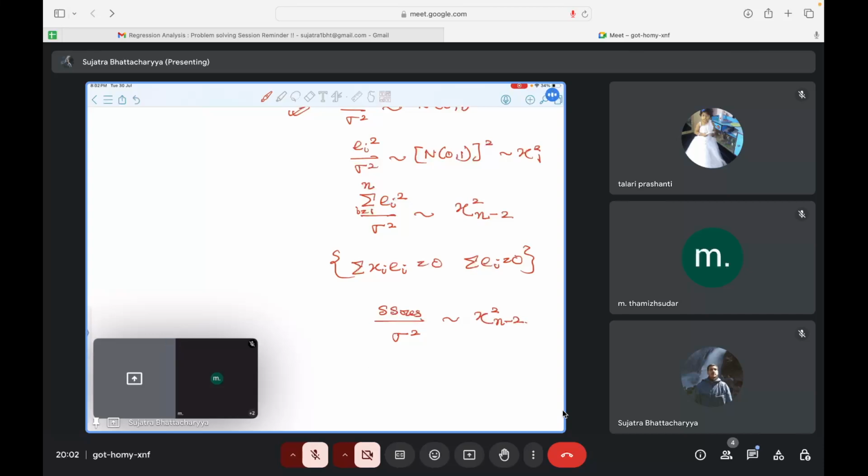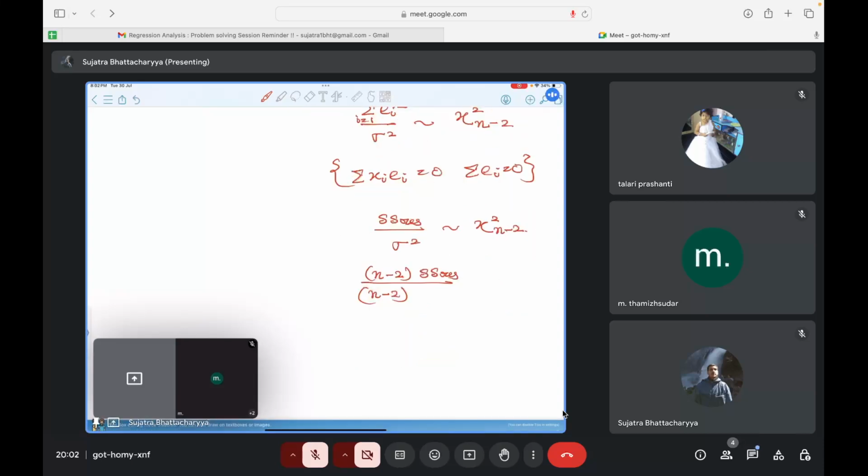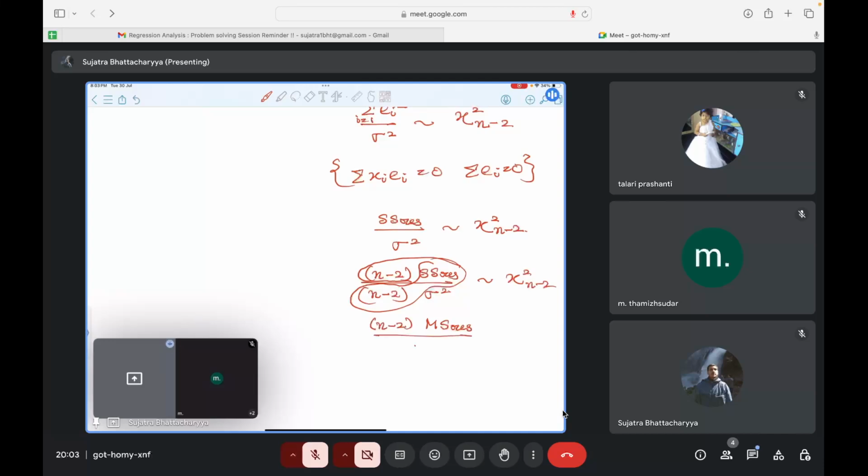Right. So what I do is that now, if I multiply with n minus 2 with SS residual and divide by n minus 2, by sigma square, it is also chi square n minus 2 because I have just multiplied and divided. So finally, this SS residual by n minus 2 we define as MS residual. You have n minus 2, you have sigma square.